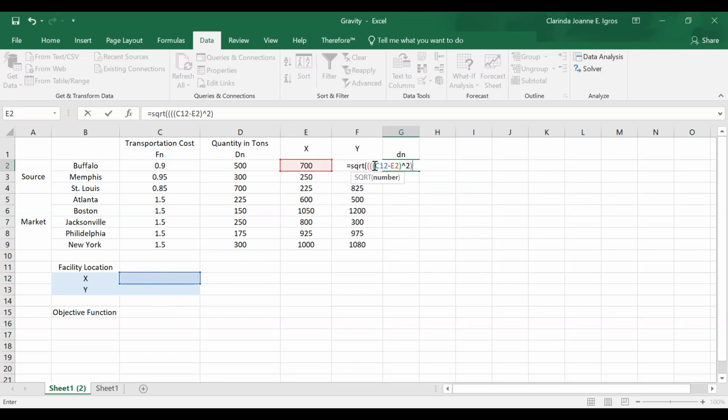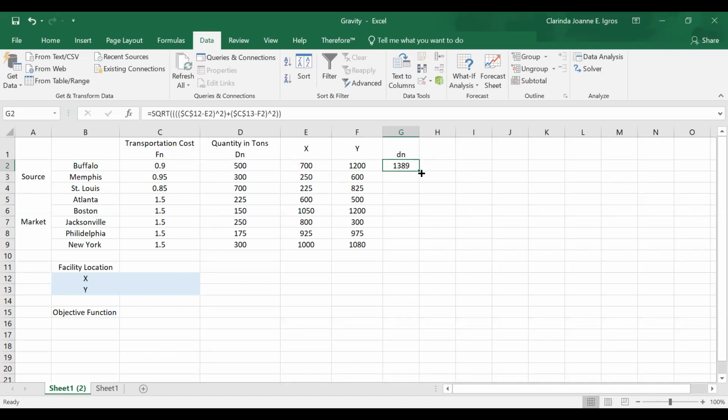So I have to put plus the y values, which is this one. So this one, I'll just drag everything to identify the distance.